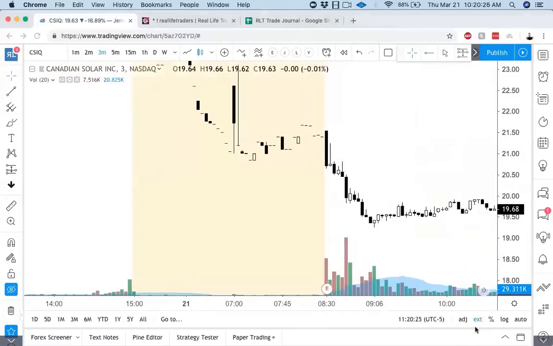Let's go look at the fade that we did yesterday on SCS and talk about this volume. This volume didn't really do anything spectacular. This candle, this candle, this candle, all 5 of these candles had the exact same low.